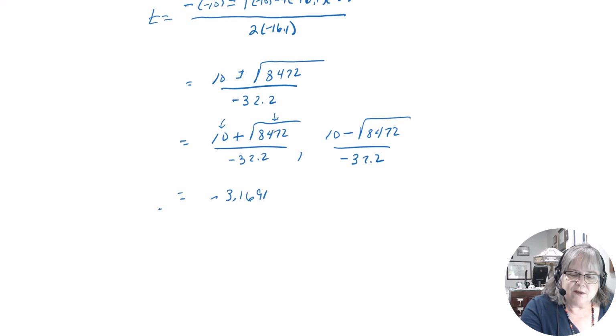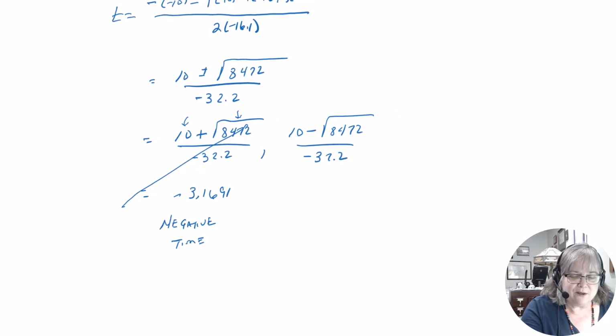But you actually don't have to do this because this gives you negative time. And we don't do time travel backwards, okay? So we can't have negative time. This one, though, depending on the size of this square root, and it looks like it's going to be pretty big, is 10 minus, give or take, 92.0435 over negative 32.2.